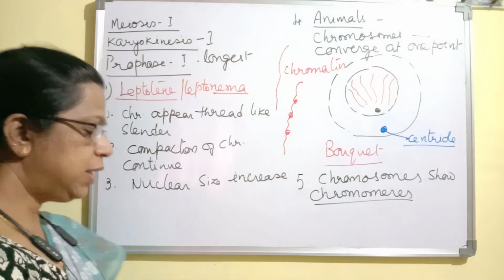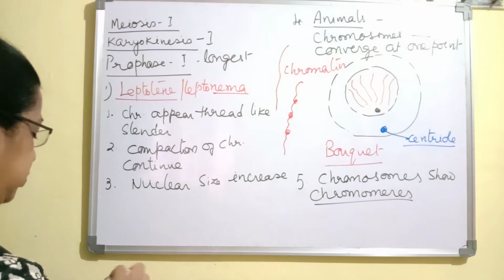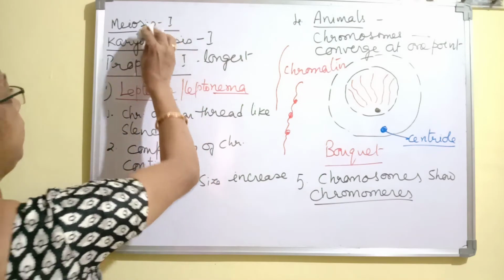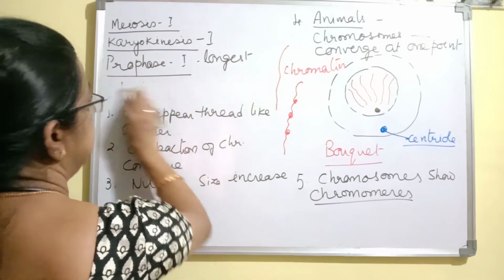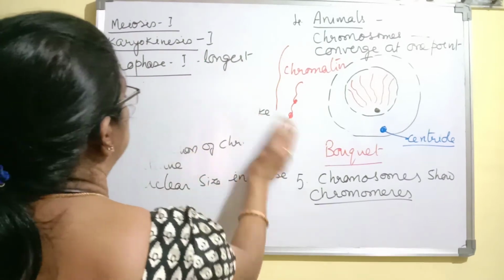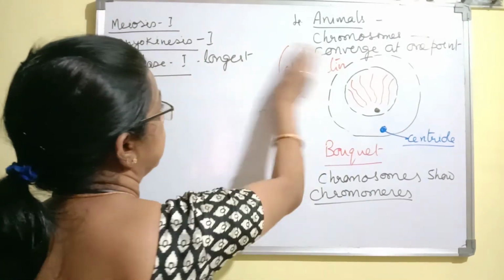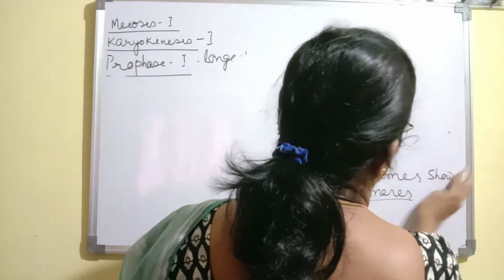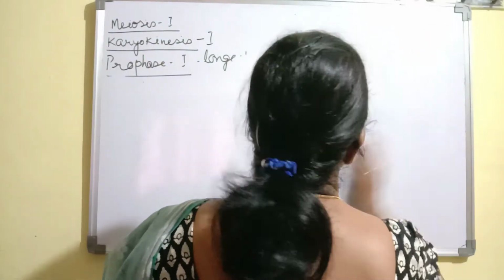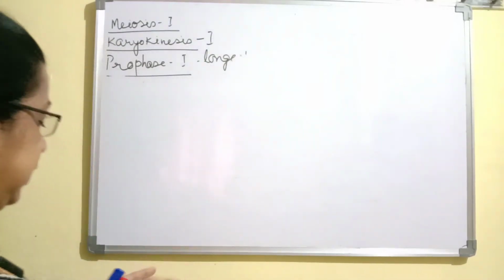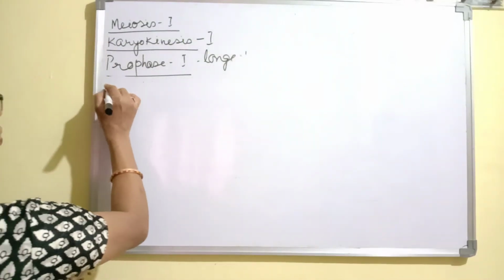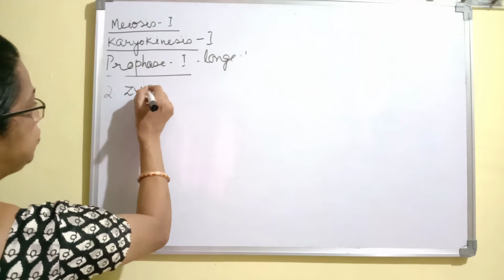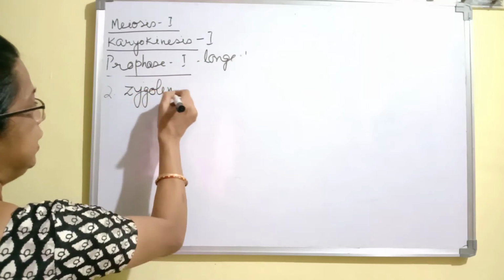Now let us take the second stage of prophase 1, which is called zygotene. Second stage is called the zygotene stage.